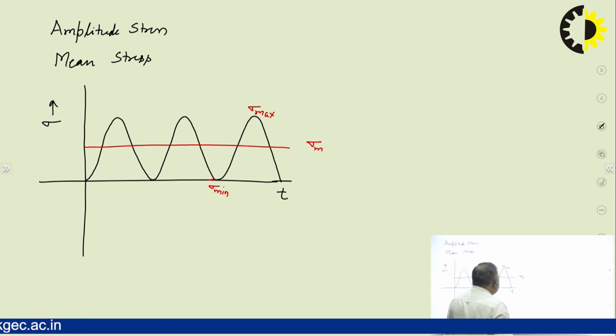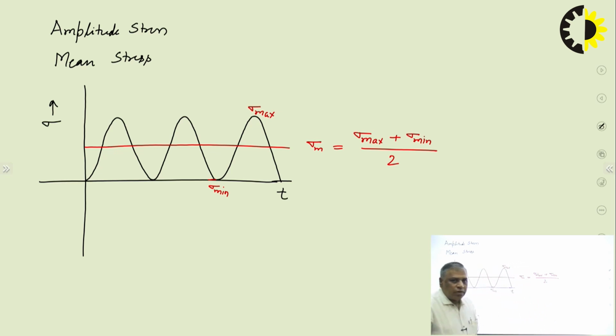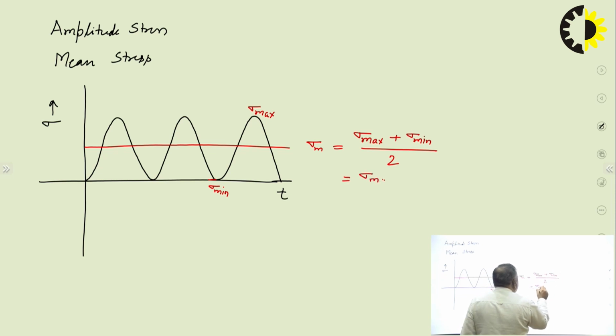So sigma m is sigma max plus sigma minimum divided by 2. By definition, this is average, right? So if sigma minimum is 0, then sigma m is equal to sigma max divided by 2. So this is sigma max divided by 2.